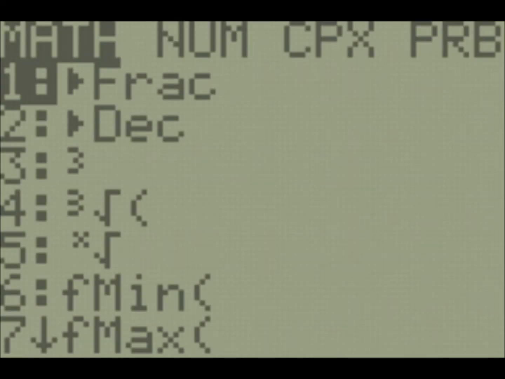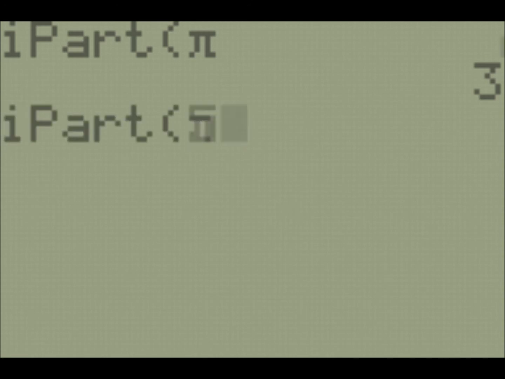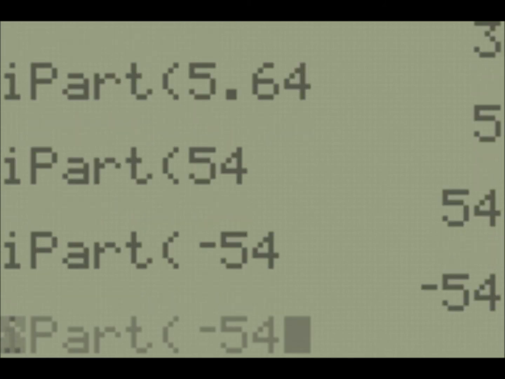The next function we're going to learn about is ipart, and that stands for the integer part of your number. Integers are the values with no decimal. So the I part of pi is 3, the I part of 5.64 is 5, the I part of 54 is 54, and the I part of negative 54 is also negative 54.